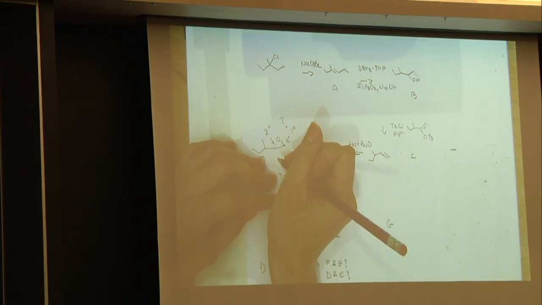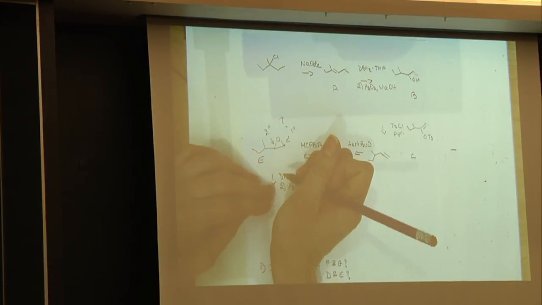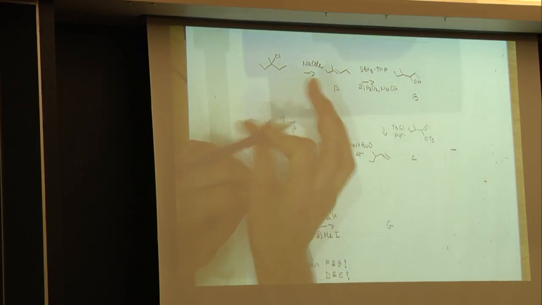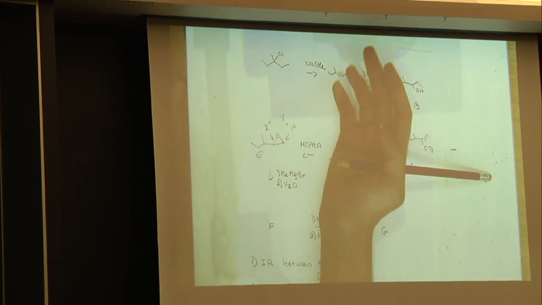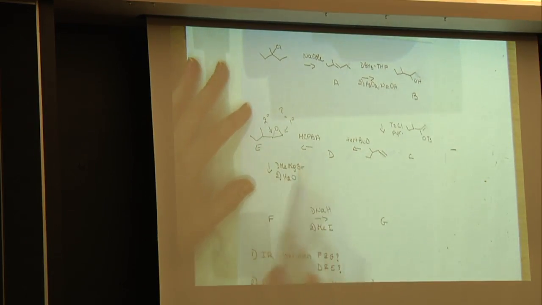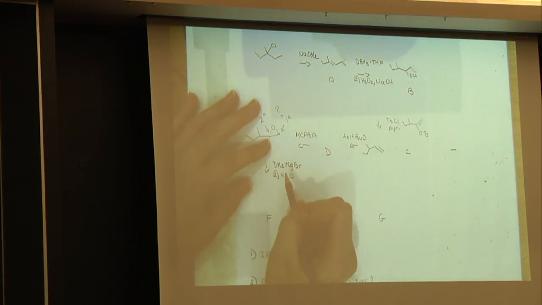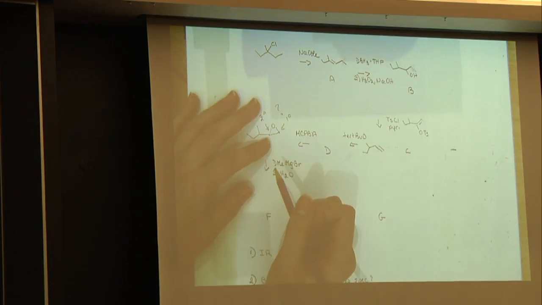Yes? The Grignard, does it make, I forget, is it a secondary or tertiary alcohol? It depends. In this case, you're going to have a secondary alcohol. So ring openings favor the less substituted carbon?